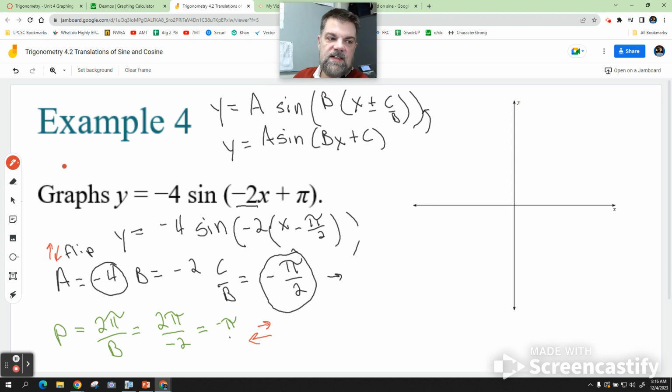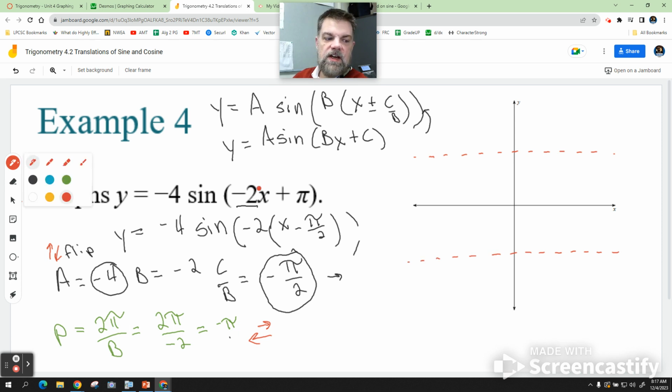So let's look at this, and then we'll graph it on Desmos. So I know that the amplitude will be from 4 to negative 4. And remember, if you make a mistake, you just plug it into Desmos. Even Mr. Adams makes mistakes.